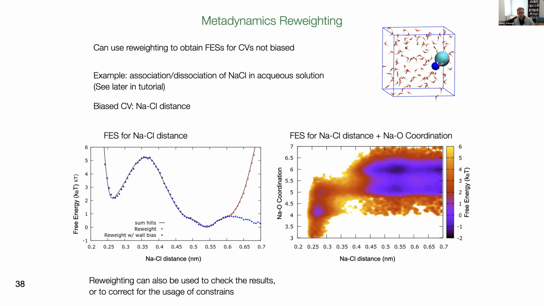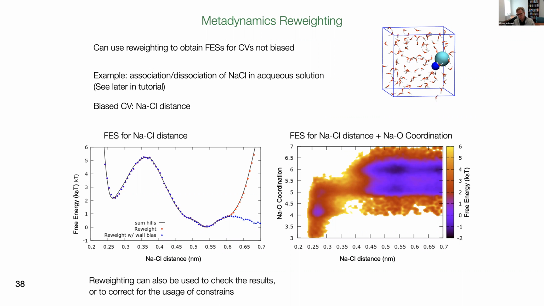For example, in this tutorial later on, we will obtain the free energy surface directly from the bias potential and also from reweighting, and compare the results. This is really a good check for convergence of meta-dynamics. When looking at a meta-dynamics simulation, you should calculate the free energy surface directly from the bias potential, then also calculate it through reweighting, and compare the results.